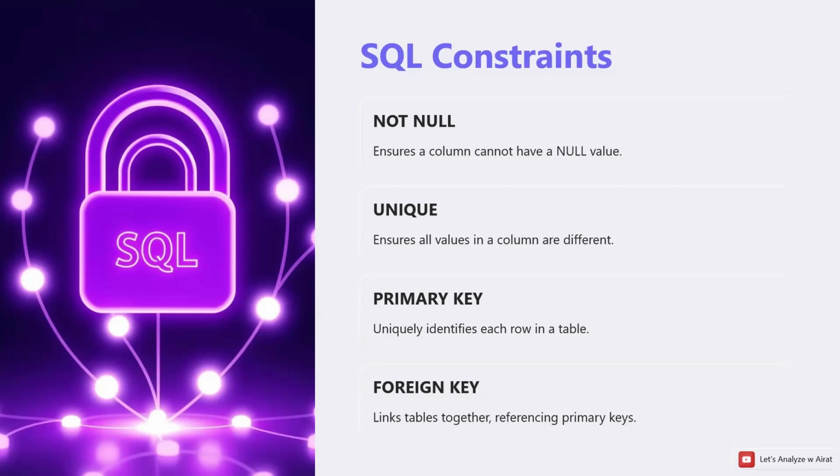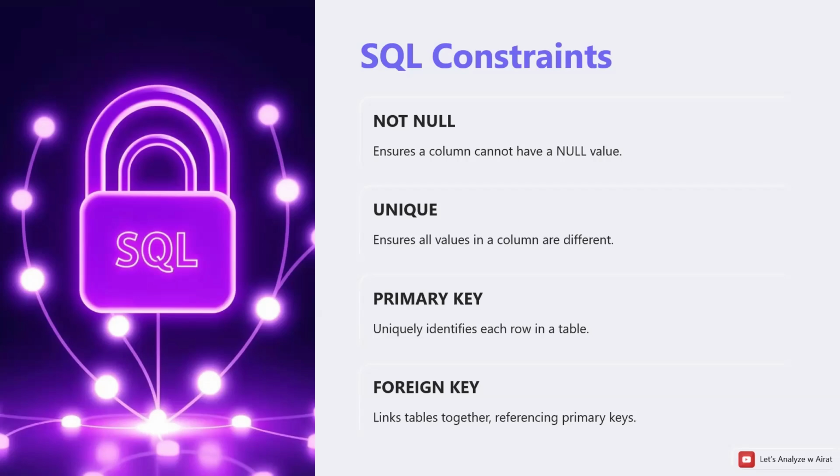So we are not expected to get product ID 1 repeated twice in a product table. Unique constraints help us to ensure that the column contains only unique values.